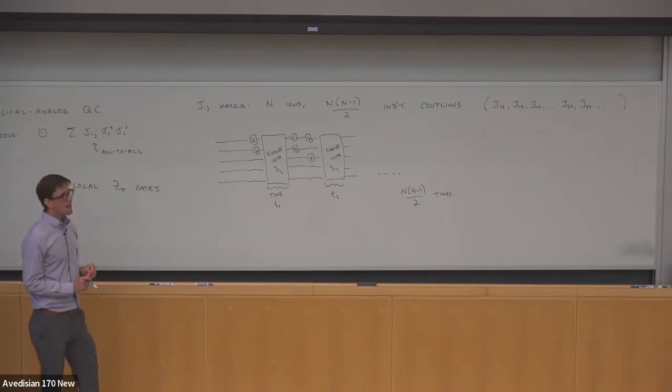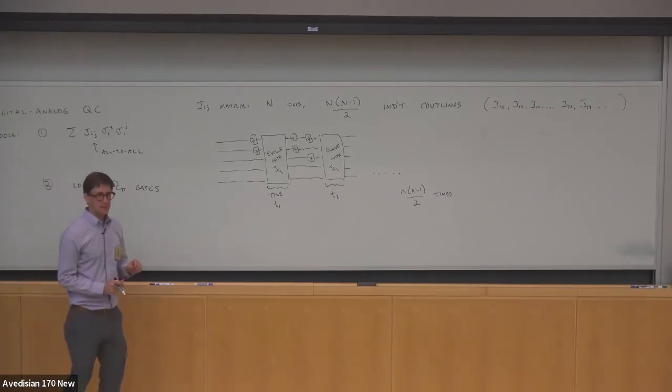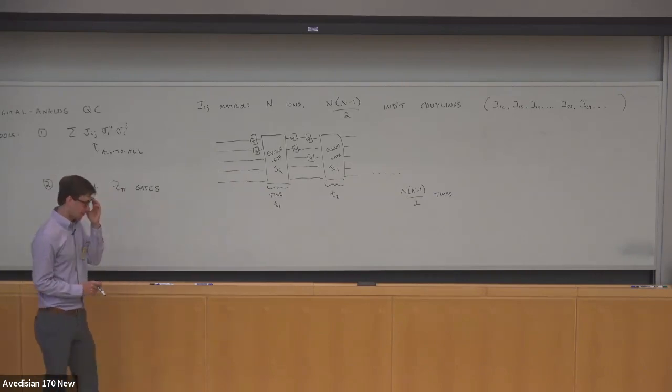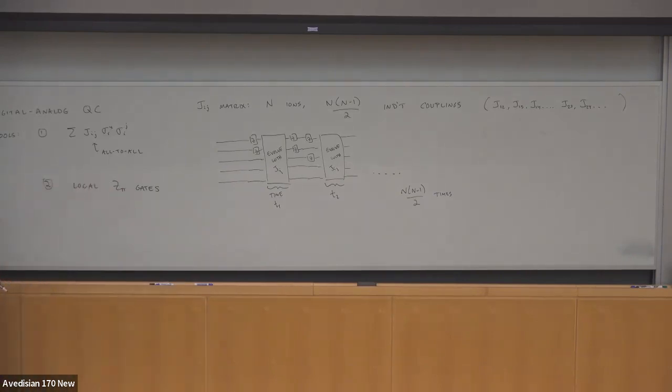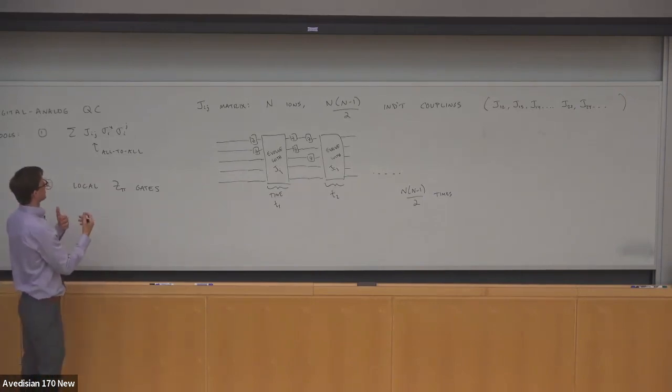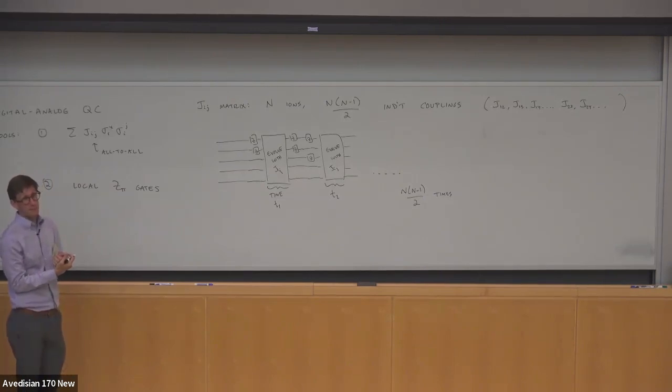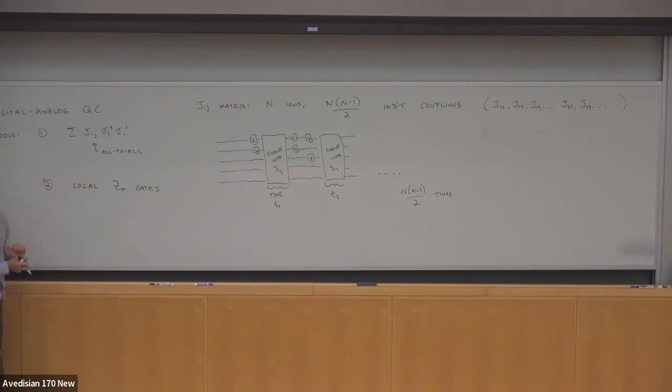There are ways of doing something that looks like it. So this gets a little technical, but one of the things that people have done in the past is, let's say you have an XX interaction and you put on a very strong global beam that looks like a very strong effective Y field. Then effectively what you get is that spin flip transitions are energetically disallowed.